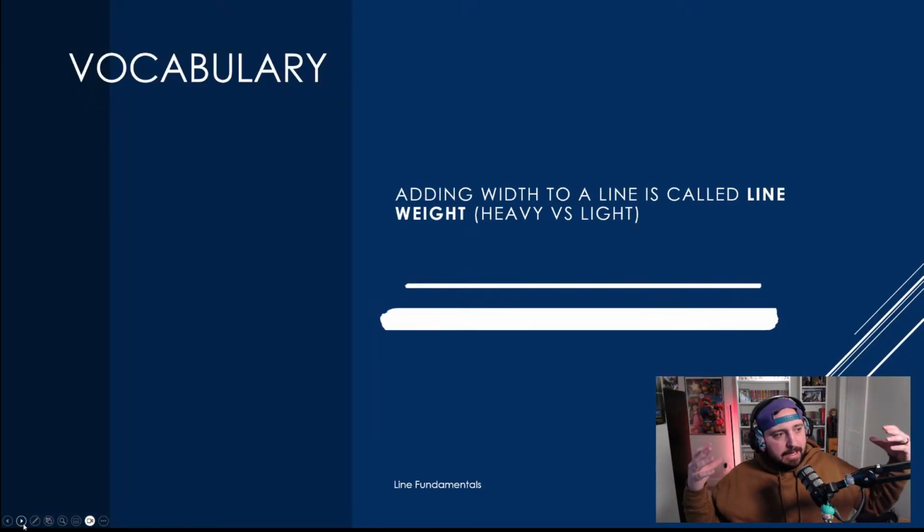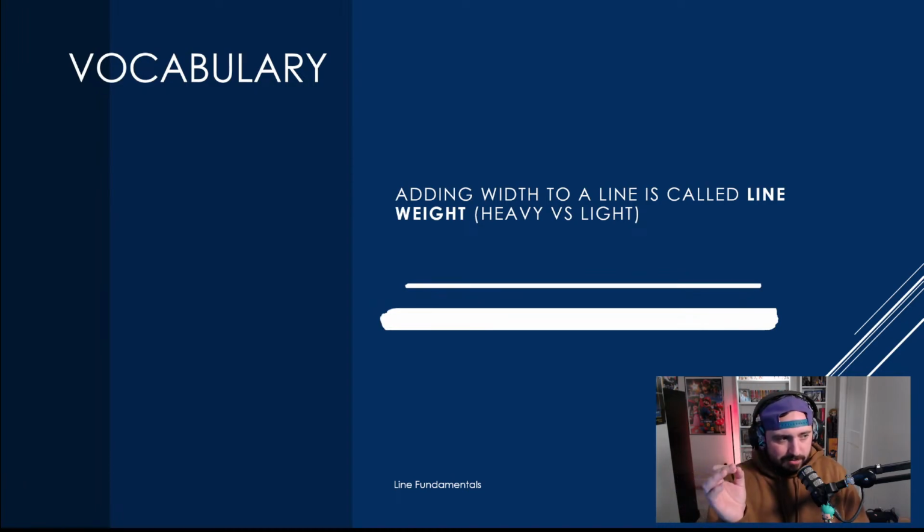Now, when we add width to a line, it's called line weight, right? You can see here there's a drastic difference between these two different lines. Now, we added width to it. That's called adding line weight. You have a heavy line versus a light line. It also comes from tactile drawing where you had a pencil or a paintbrush and you'd paint or draw.